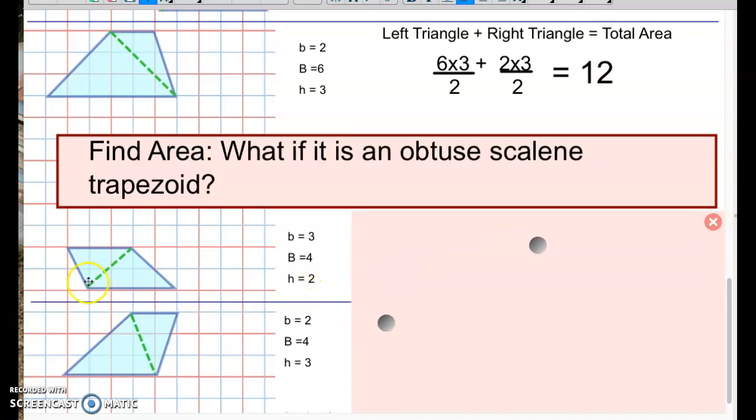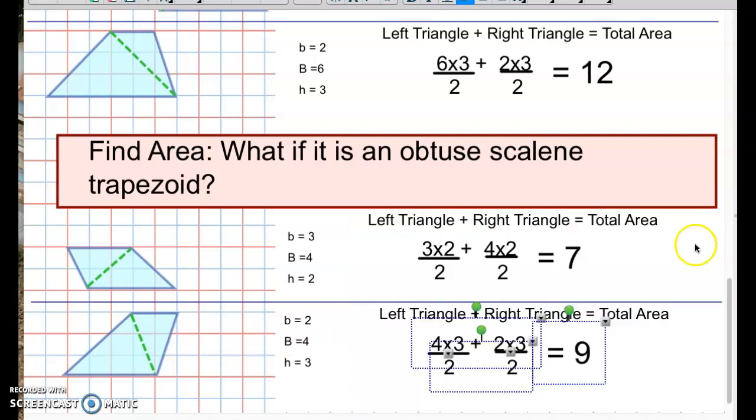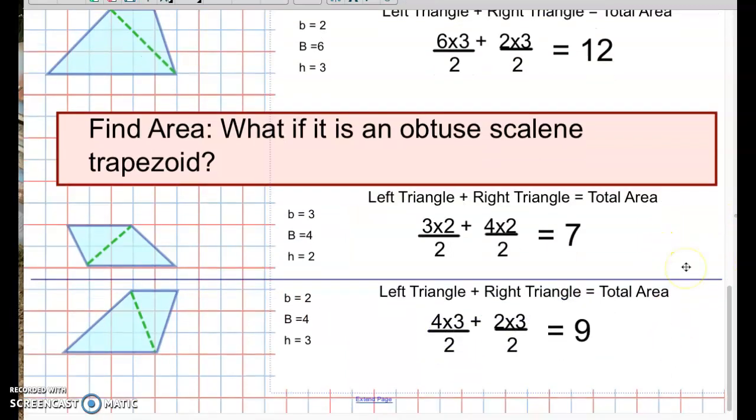Now, this is the one, like I said, I don't typically cover this type of trapezoid in my lesson. This is a trapezoid with one obtuse angle and one acute angle on the base. And so it actually turns out to be the same way of calculating as the others. 1/2 base times height twice, once for each of the triangles, and you add them up and you're done.